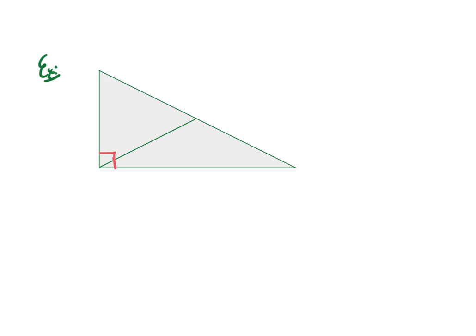This original angle was 90 degrees. These three segment lengths are equal to each other. And then also, that one is equal.